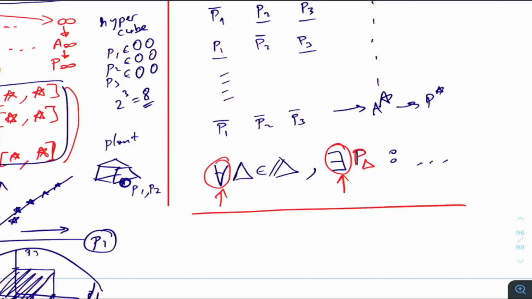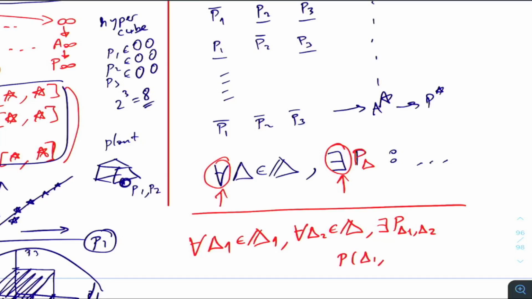Let's say we have some theorem with a statement for delta 1 in the set, for delta 2 in this set, there exists P. In that case, P would depend on delta 1 and delta 2. Basically, you can consider that P as a function of delta 1 and delta 2.